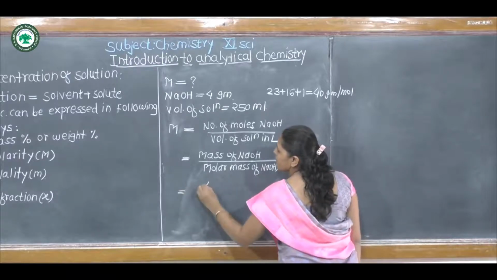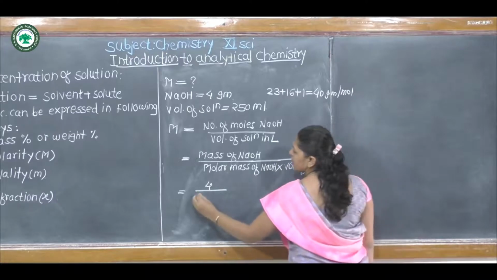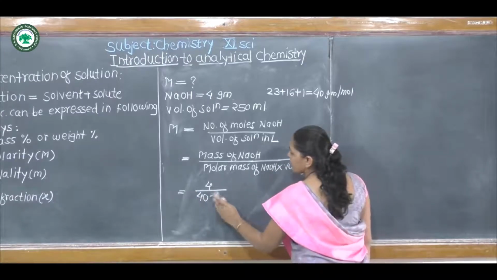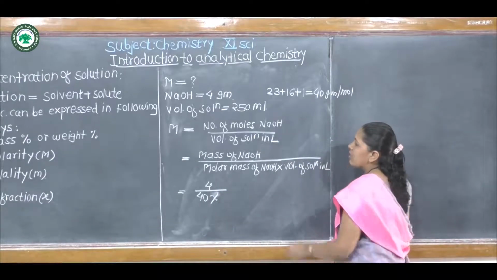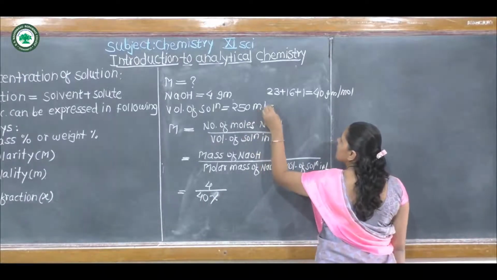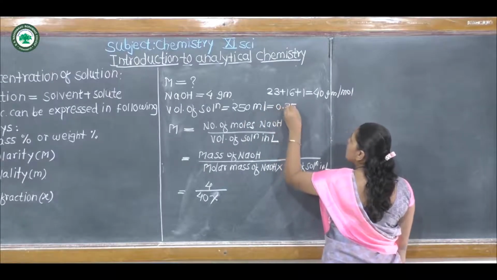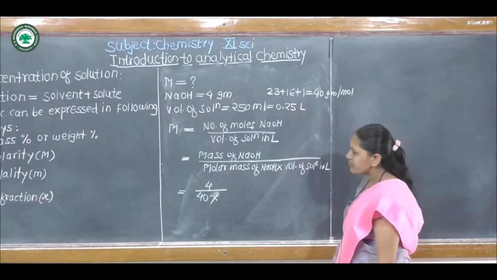Mass of NaOH is 4, molar mass of NaOH is 40, divided by volume of solution in liter. Here volume of solution is given in ml, therefore 250 ml is equal to 0.25 liter.